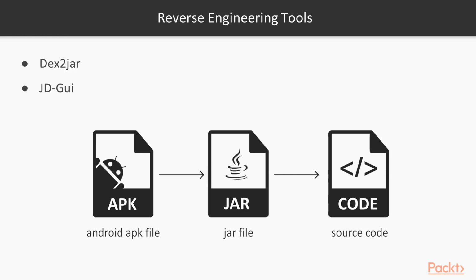So first of all, we will use the dex2jar tool, which will convert your .apk file into a .jar file. And then later I will use the jd-gui tool, which will open up the source code using this jar file. So this is the first process and this is the second process. These are the reverse engineering tools we are going to use in this section.